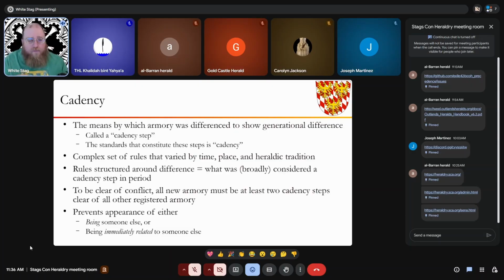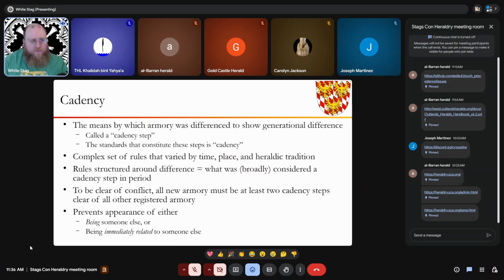If Mortigan had kids and wanted to use a cadency system for differentiating his kids' armory, one of his kids could have his same armory with the Vairfield with a black cross if that was clear of conflict. His kid could do it because he could allow it. I, as a person unrelated to Mortigan, could not do it because that's a claim of being immediately related to him, which would not be allowed.